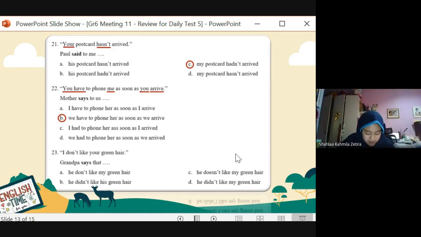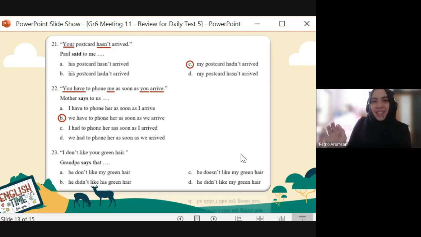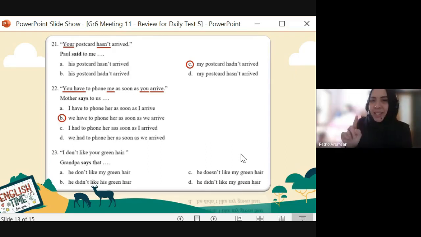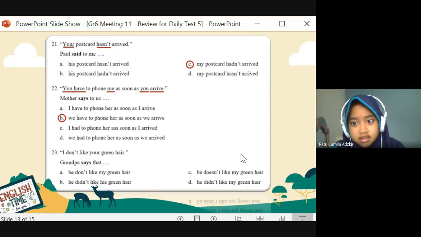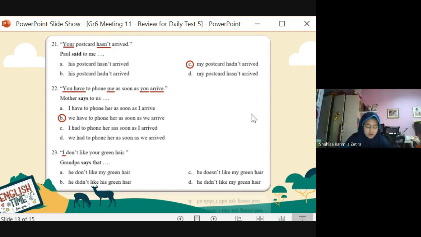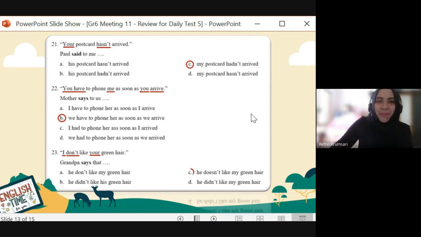Grandpa says he didn't like my green hair. Grandpa says. He doesn't. Yes, it's he doesn't. He doesn't like my green hair. Yes, that's right. Because grandpa says.